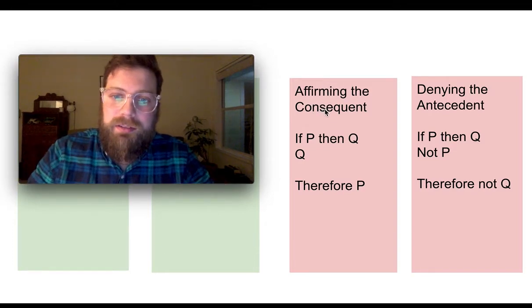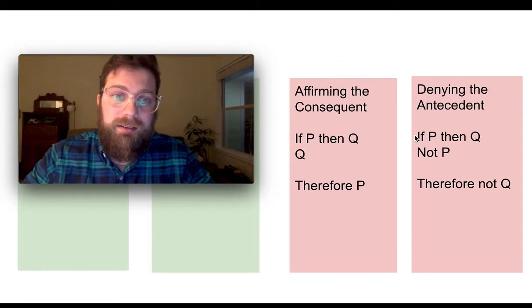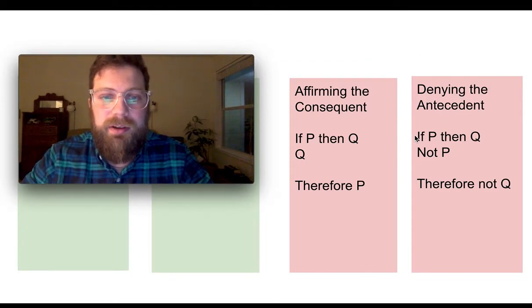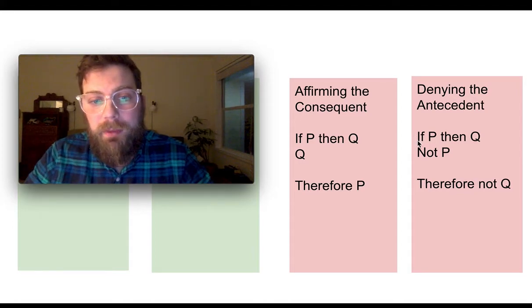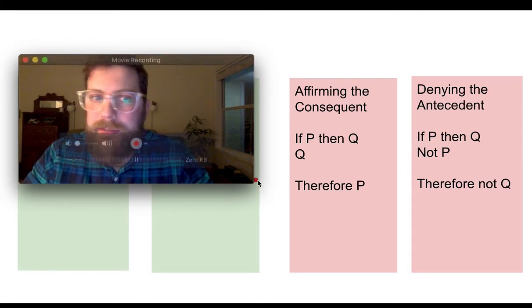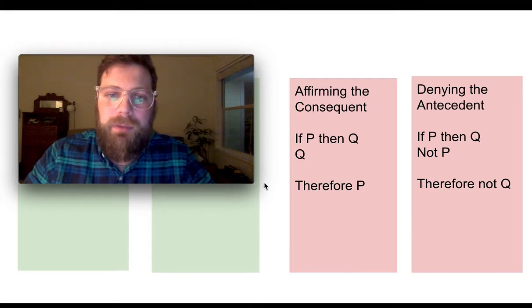Right. So there are cases where people want to argue, like in cases of affirming the consequent or denying the antecedent, but there's something mistaken about these lines of thought, right?